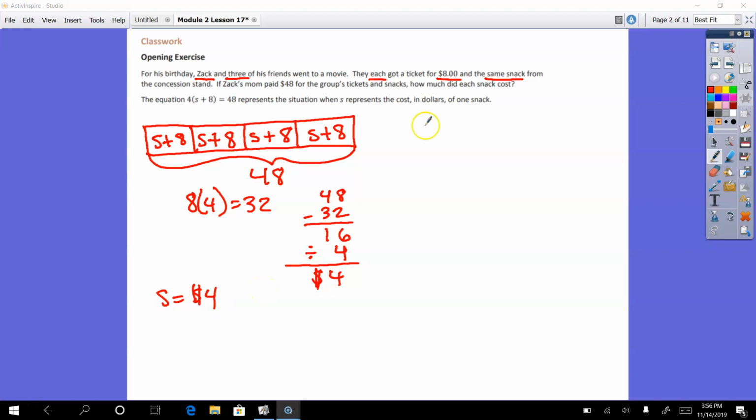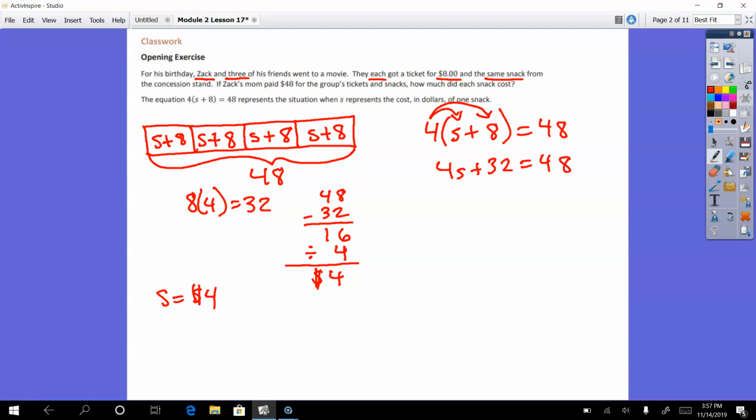And then we said we would also look at it as an algebraic expression. So we have 4 times the quantity s plus 8 equals 48. So we are going to distribute: 4 times s is 4s. There were 4 snacks, and 4 times 8 is 32. So that was 4s plus 32 equals 48.